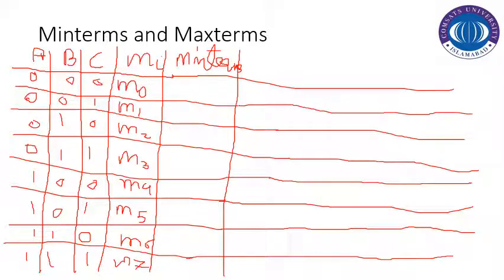And we have to construct the AND operation. So basically it's A and B and C. But since these are 0, it should be A prime, B prime, and C prime.